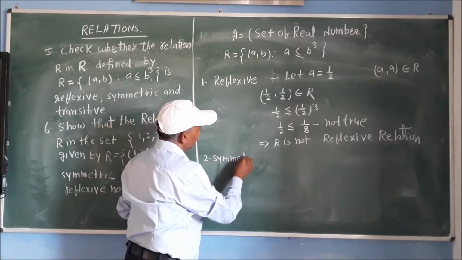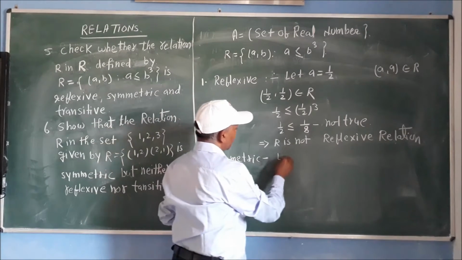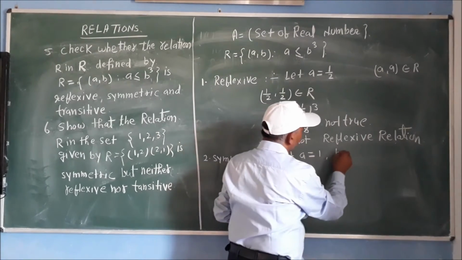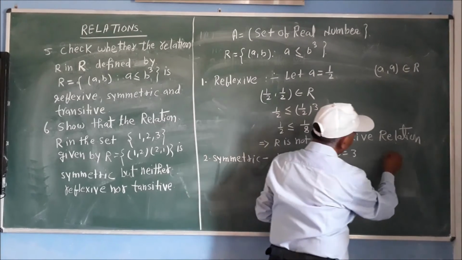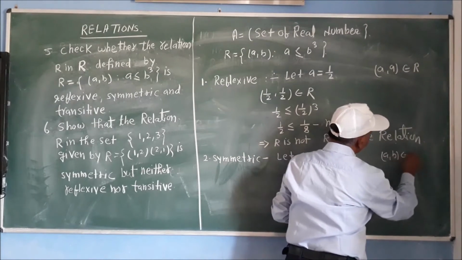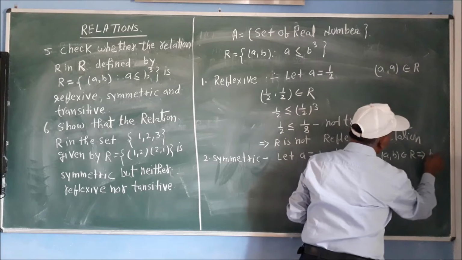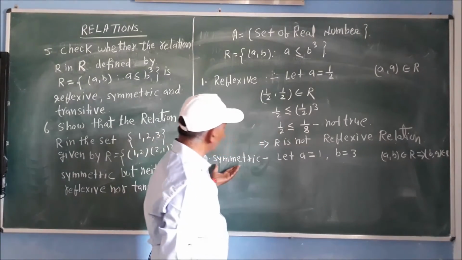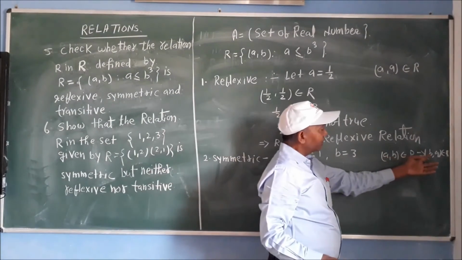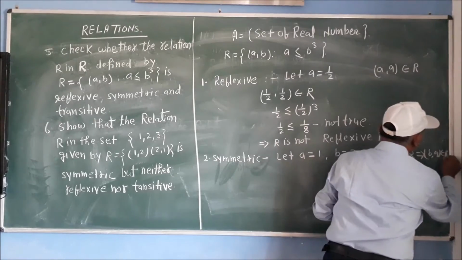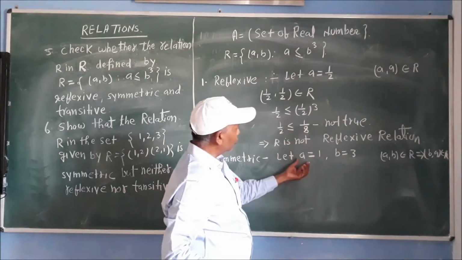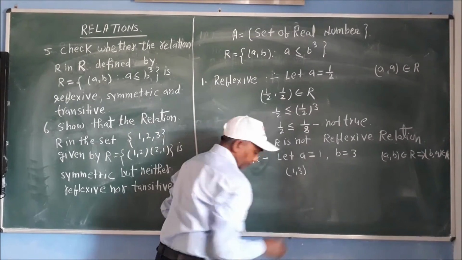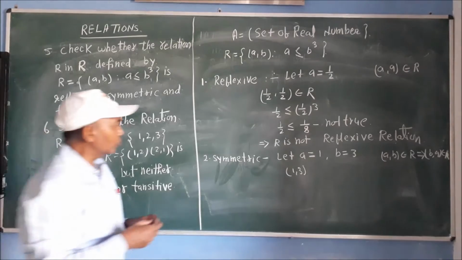For a symmetric relation, suppose let a = 1 and b = 3. The property is, if (a, b) belongs to R, then (b, a) must belong to R. So here a = 1 and b = 3.